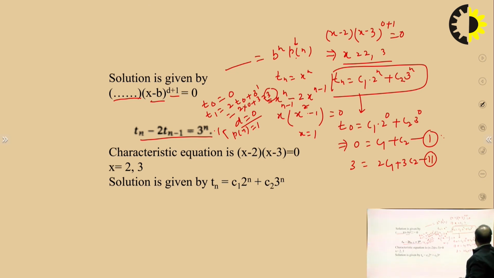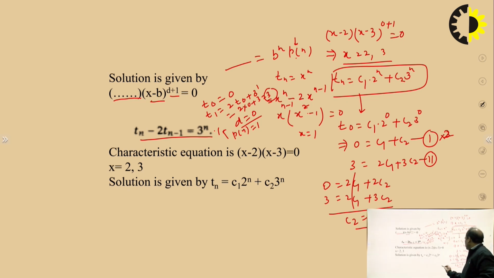If you want to solve these equations, just multiply equation 1 by 2. So we get 0 equal to 2c1 plus 2c2, and 3 equal to 2c1 plus 3c2. You just subtract, so c2 equals 3. And if you put c2 equal to 3, we get c1 equal to minus 3.